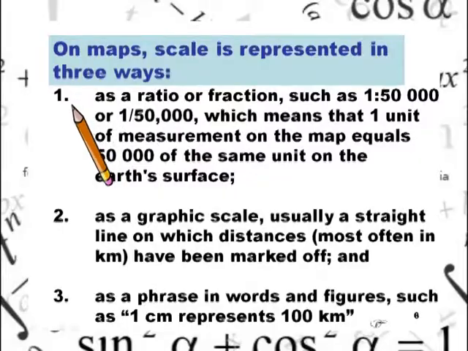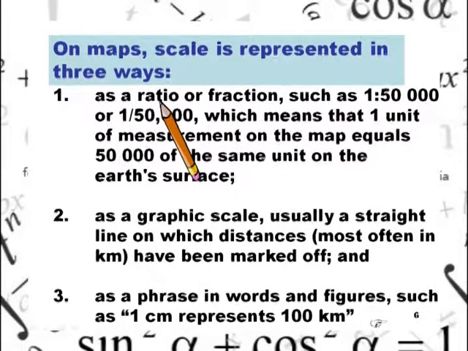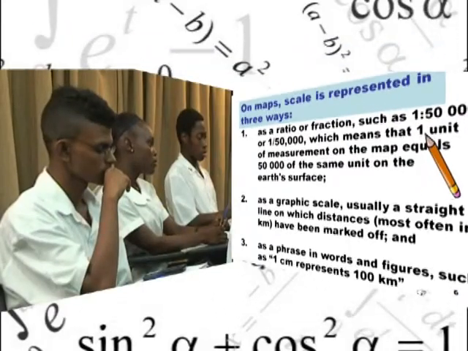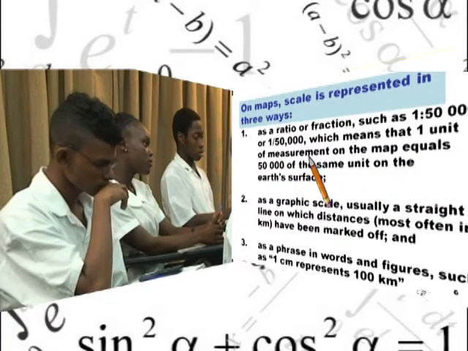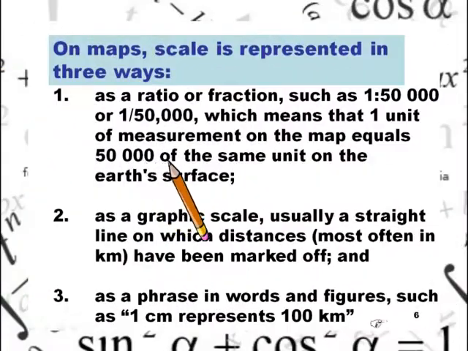1. As a ratio or fraction, such as 1 to 50,000 or 1 upon 50,000, which means that 1 unit of measurement on the map equals 50,000 of the same unit on the Earth's surface. 2.